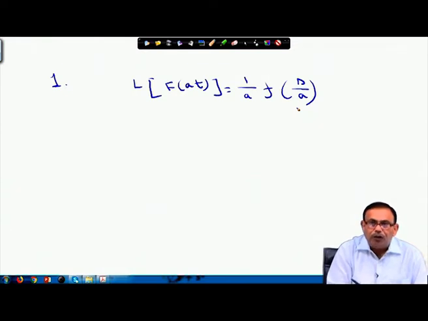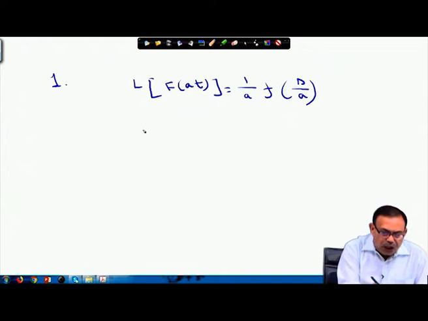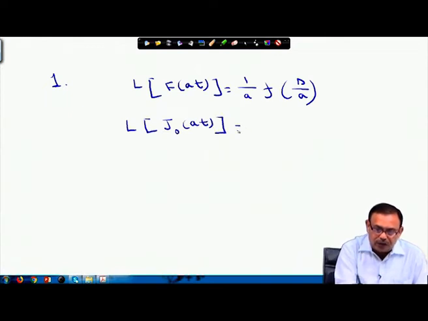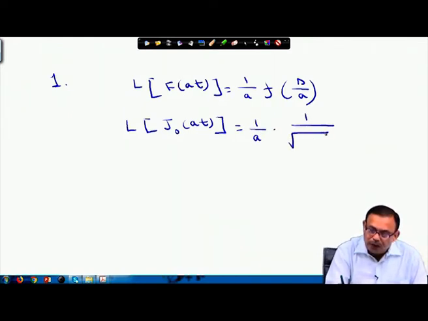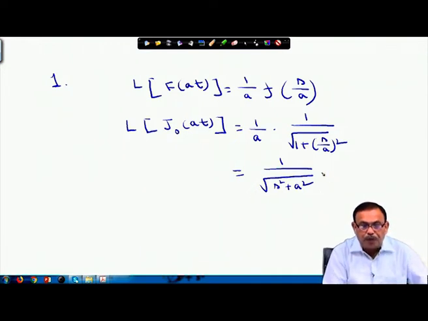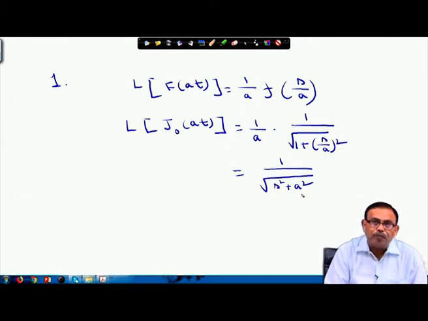We know the Laplace transform of J0(t), so from there I can directly write the Laplace transform of J0(at) as 1 by a into 1 by root over 1 plus (s by a) whole squared, and if I simplify it, this becomes 1 by root over s squared plus a squared. Therefore, the Laplace transform of J0(t) is 1 by root over 1 plus s squared, and the Laplace transform of J0(at) equals 1 by root over s squared plus a squared.